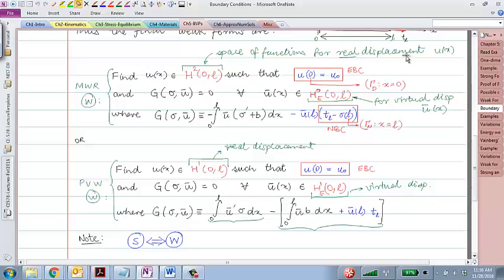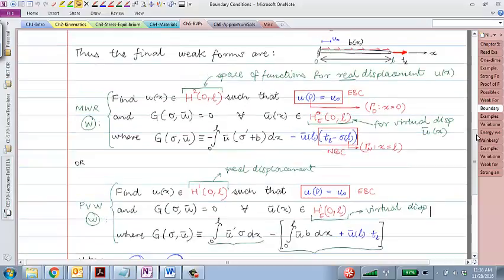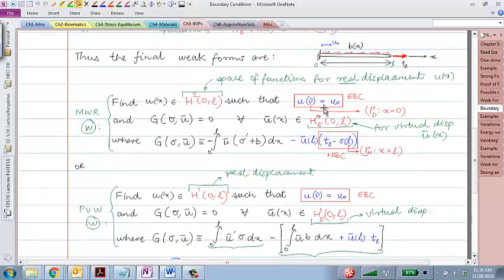That's the space of functions for real displacements, such that the essential boundary condition, wherever it is specified, has to be met, and that this functional has to go to 0 for all possible u-bar virtual displacement functions, which have to be in H0 because there is no derivative on u here, right?